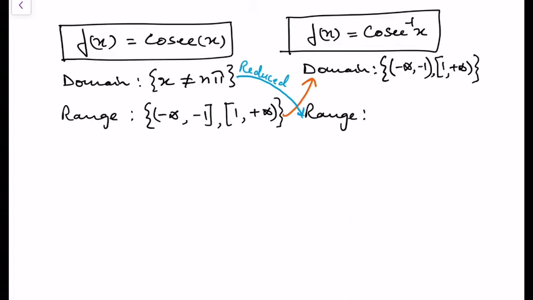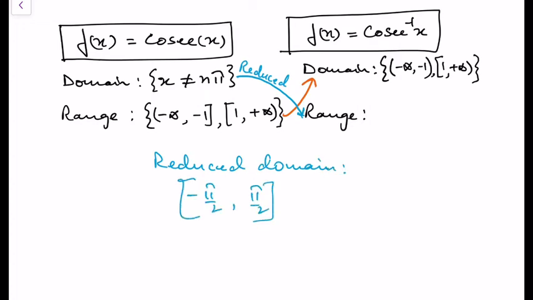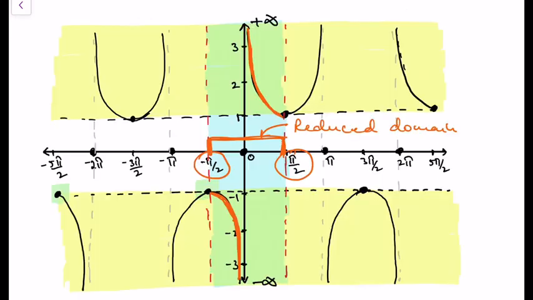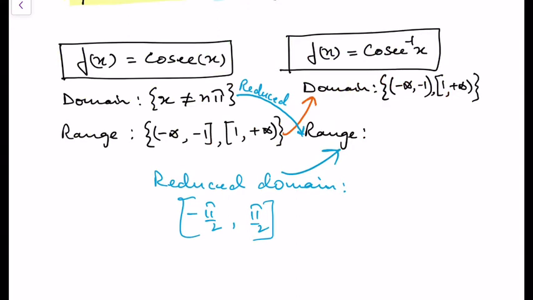So the reduced domain of cosec x is minus pi by 2 to plus pi by 2. So the range of this inverse function will be from minus pi by 2 to plus pi by 2, excluding 0 here. So 0 is not included because at 0 this function is not defined.